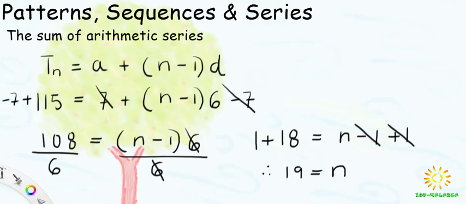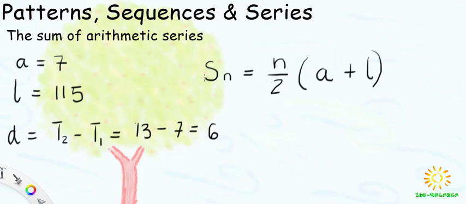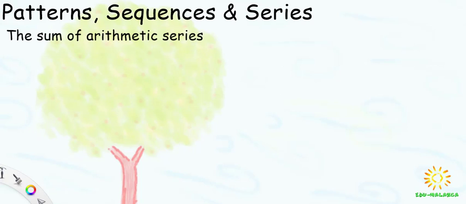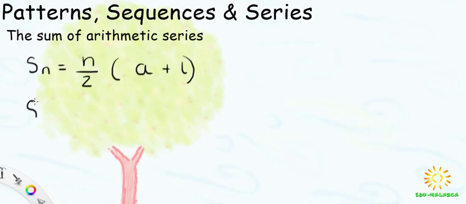We have everything we need now to solve using this equation, the sum of the arithmetic series. Let's get started. We'll rewrite the equation. Sn is equal to n over 2, open brackets, a plus l, close. Let's substitute in. We have S19, because our n we solved for as 19, will be 19 over 2, open brackets.